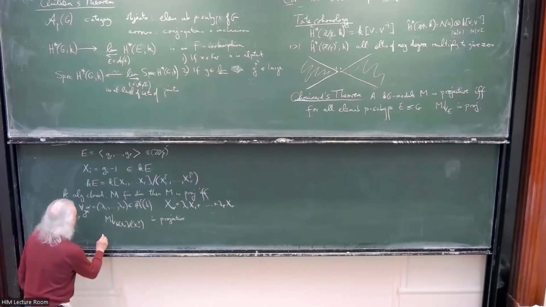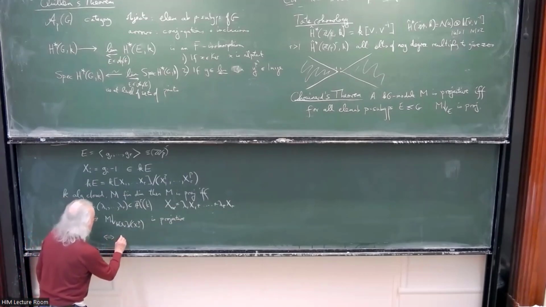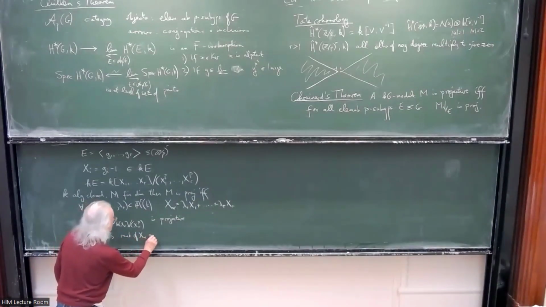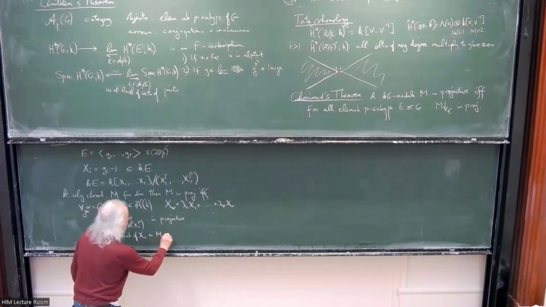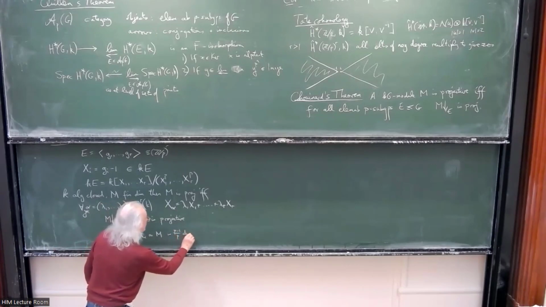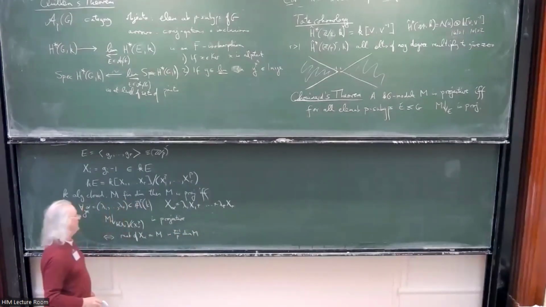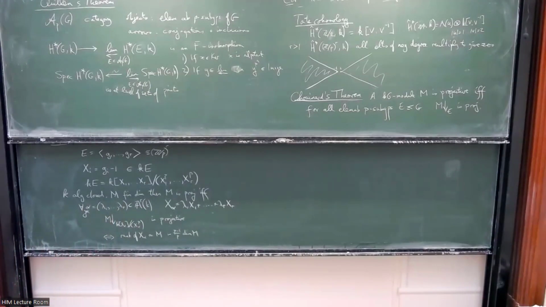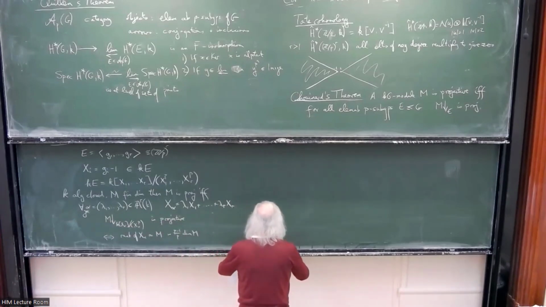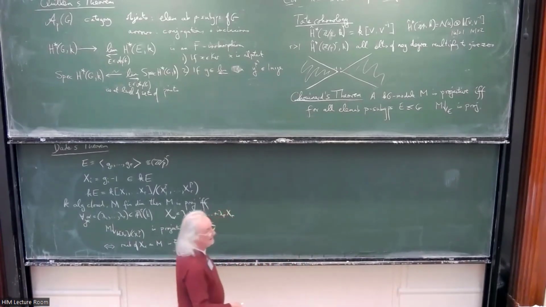And of course, that's the same as asking whether the rank of x_alpha on M is just (p minus 1) over p of the dimension of M. So this is called the rank condition for being projective.